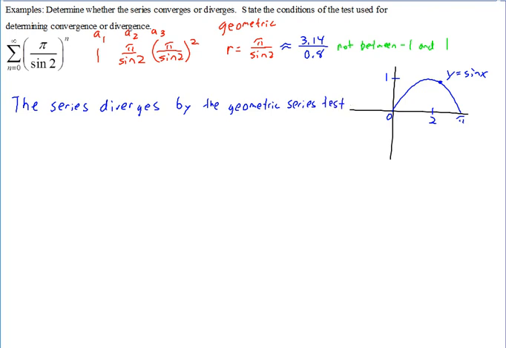And your reason would be since r equals pi over sine 2 is not between -1 and 1. You also could have used the root test on this one. That would have worked as well, but I think in this case the geometric series might be a little easier.